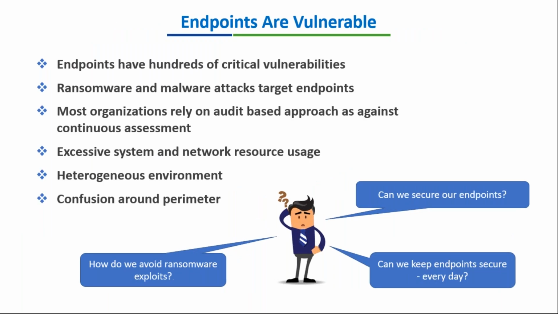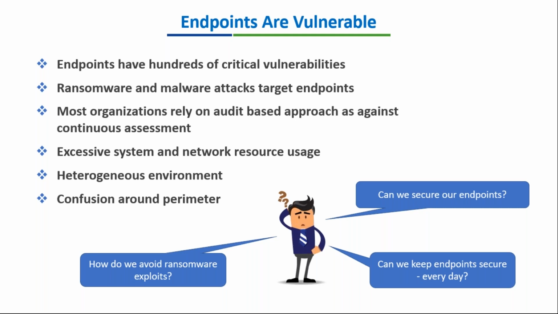And then there is the continuous problem of endpoints having vulnerabilities. We talked about hundreds of critical vulnerabilities being discovered on a day-to-day basis. Ransomware and malware generally tend to attack endpoint systems that have these vulnerabilities. The vulnerability could be in the operating system or the third-party applications that we install on these systems.